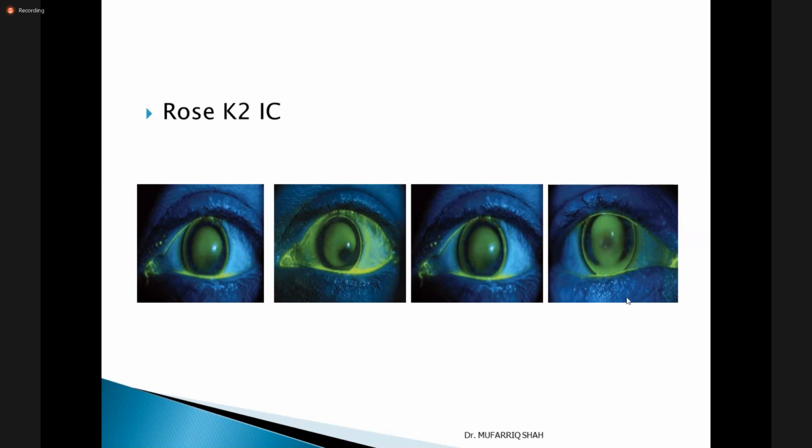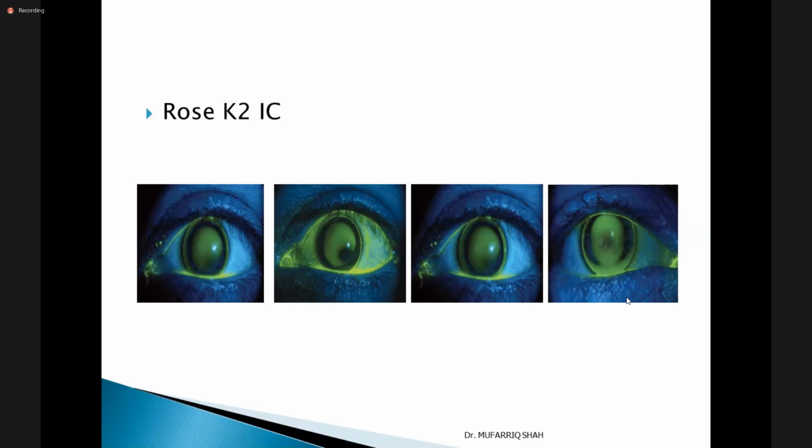In one quadrant it is optimum, in the other quadrant it is either flatter or steeper. So you will see a pattern like that in cases of irregular cornea. So this is basically PMD. The left one is the optimum fit.